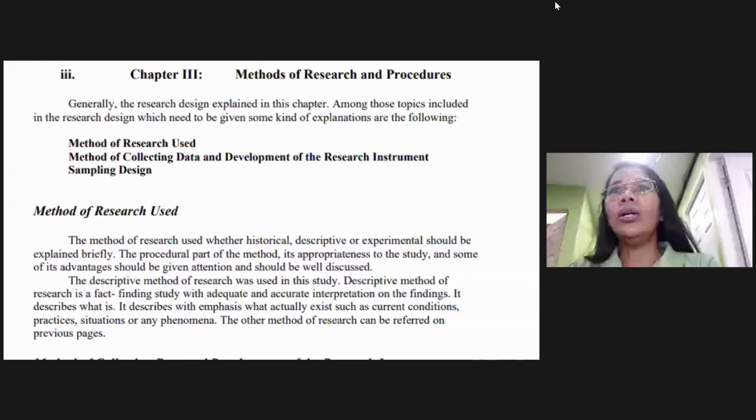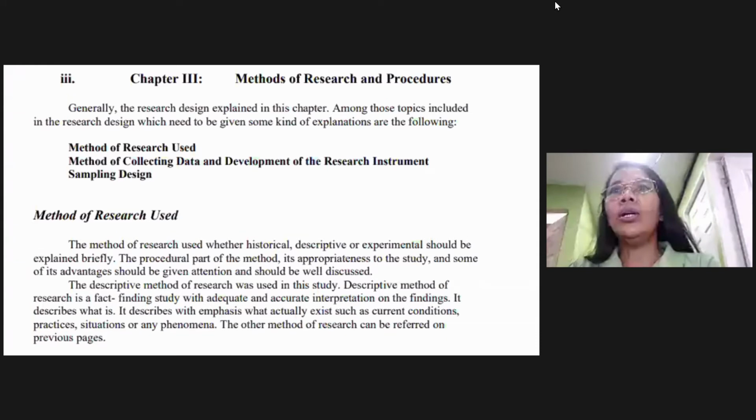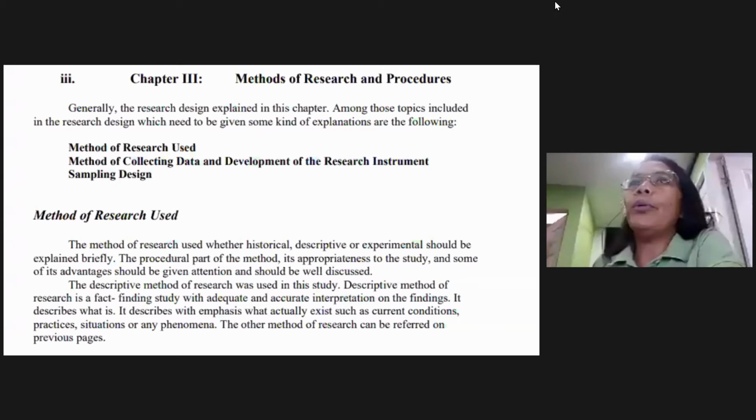This one, no, a simple or a little one explanation. So generally, the research design. So explain in this chapter among those topics last time. So among these topics included in the research design, which need to be given some kind of explanation.